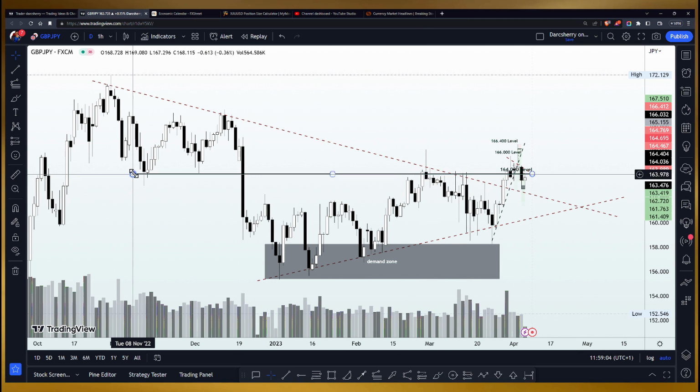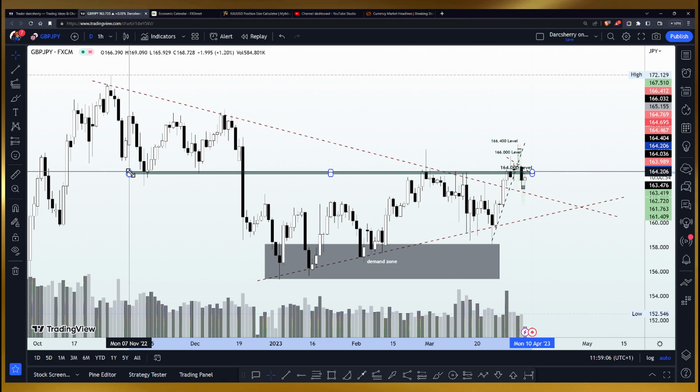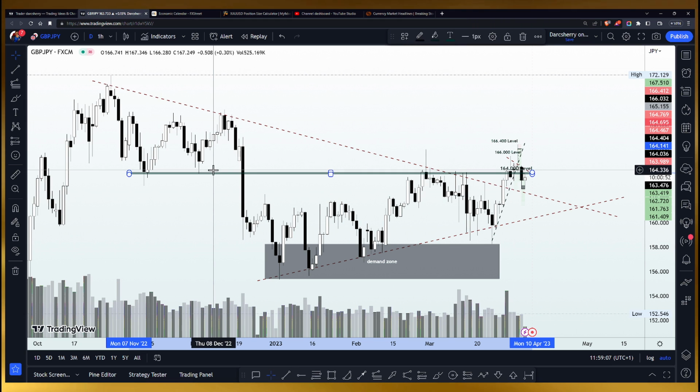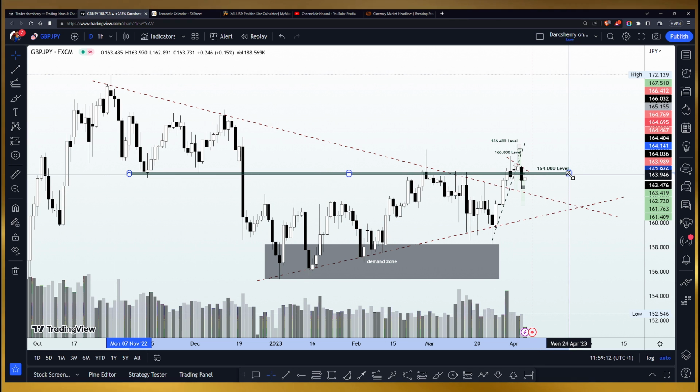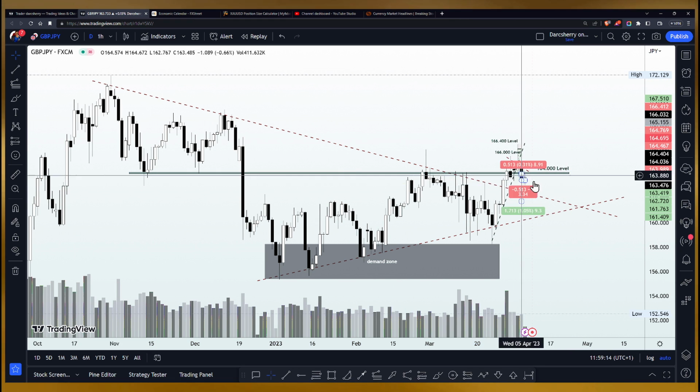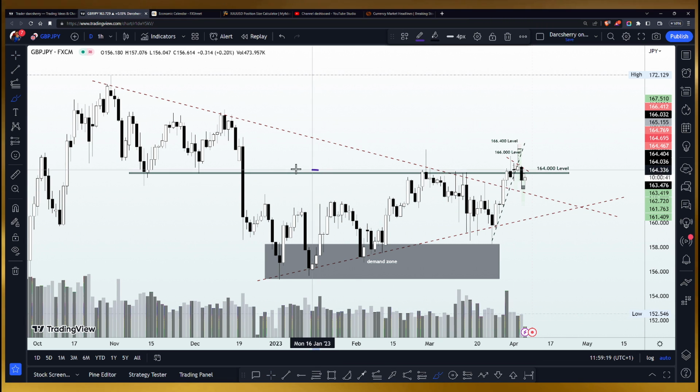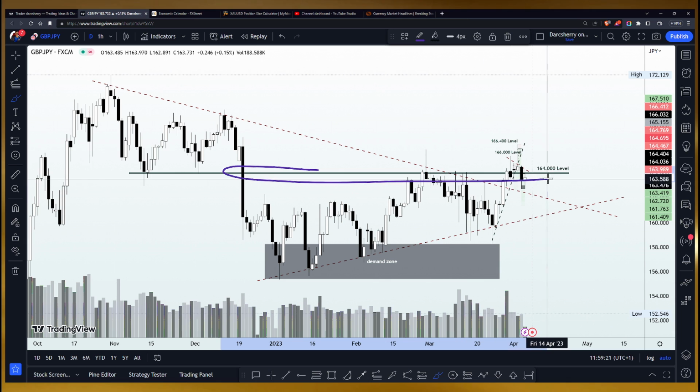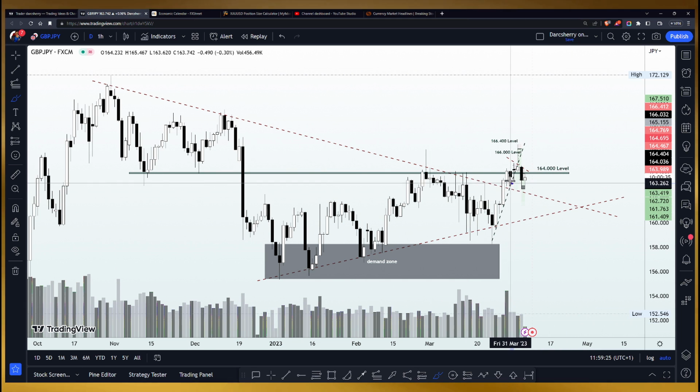Now, with our neckline sitting at the 164.00 level, that level I showed you on the 4 hours time frame, I told you that I wanted to show you how important that structure is on the daily time frame. So you can see the 164.00 level here. It is serving as the neckline of that reversal pattern that you can see on your screen. Now we have the breakout of the trend line.